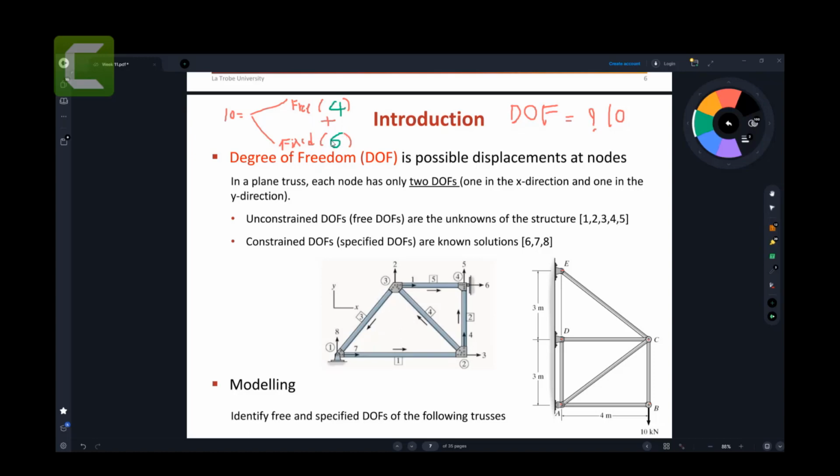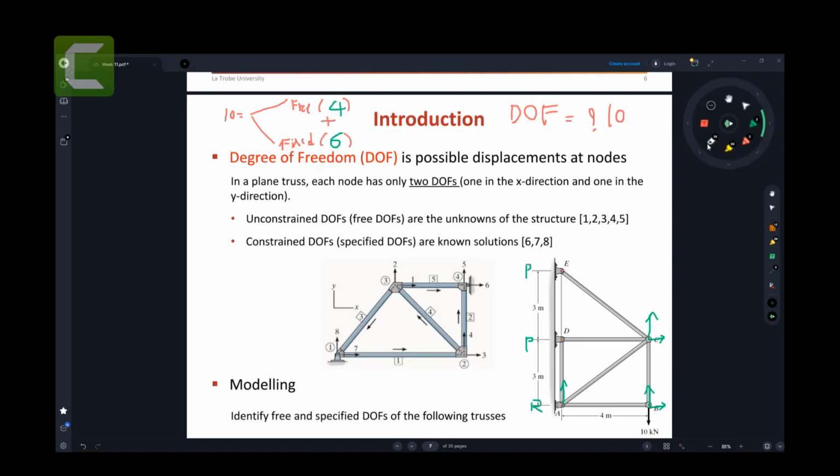Yep. So let's put the green ones as free ones. You say that this one is free, this one is free, this one is free, this one is free. How about these ones? This one is free. The others are fixed because there is a pin. This is a pin, this is a pin, and this is a roller.